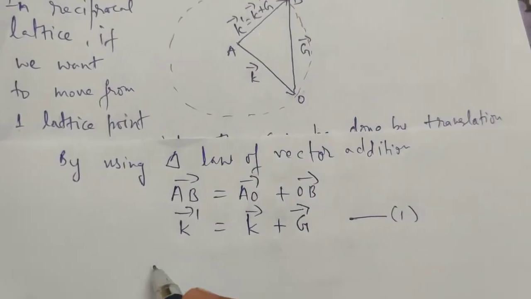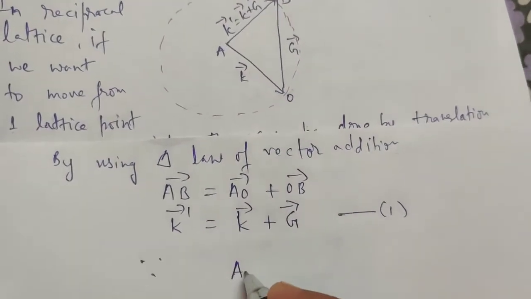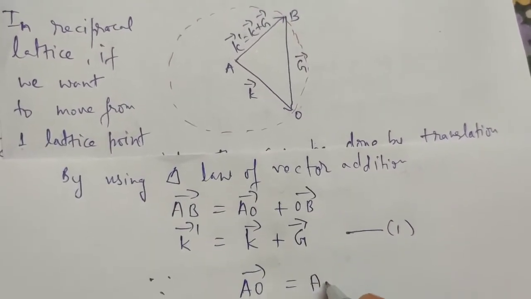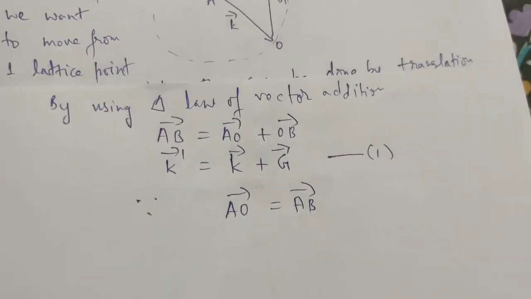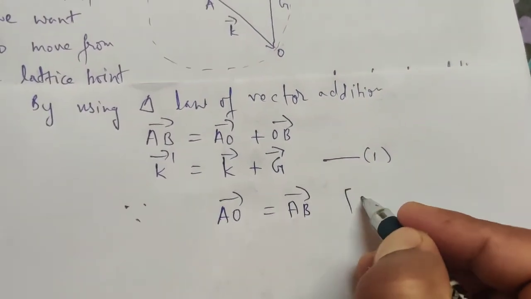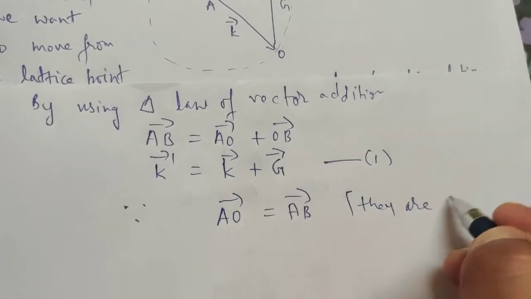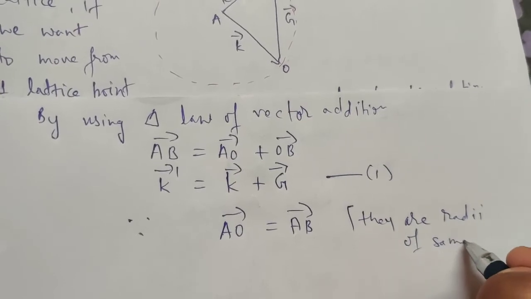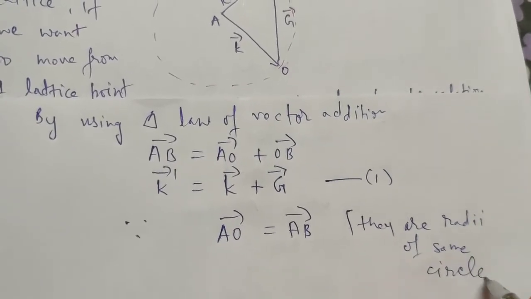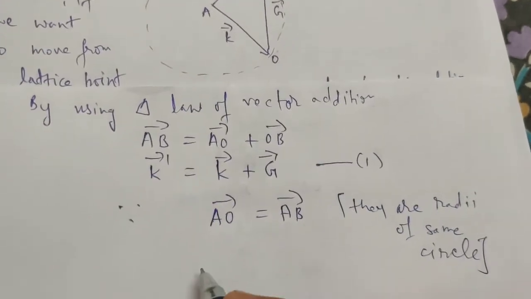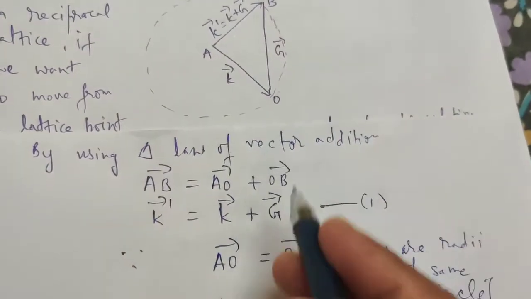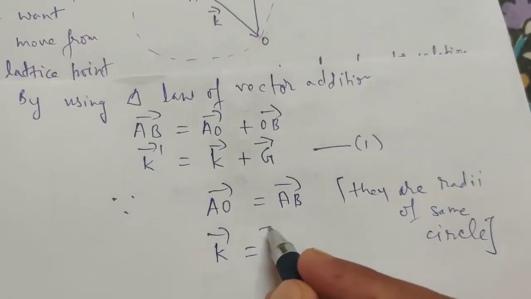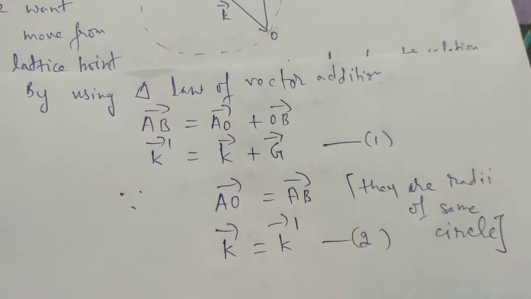So the AO vector and the AB vector will be equal because they are radii of the same circle. So AO is equal to K, and AB is equal to K dash. This is equation number 2.